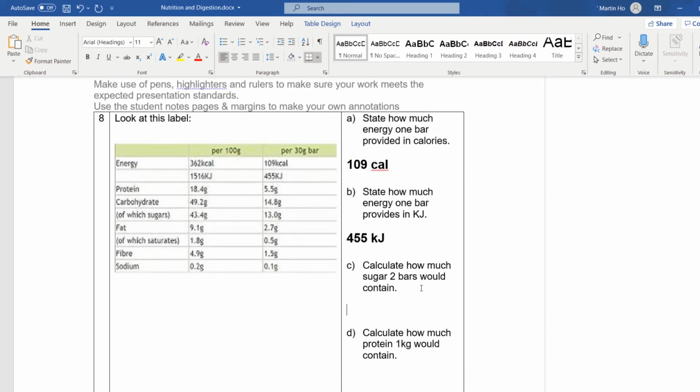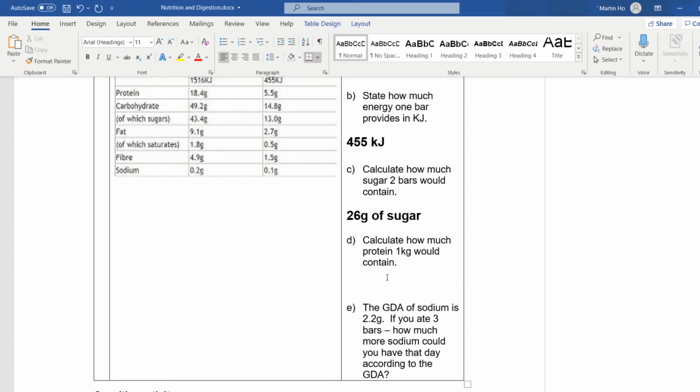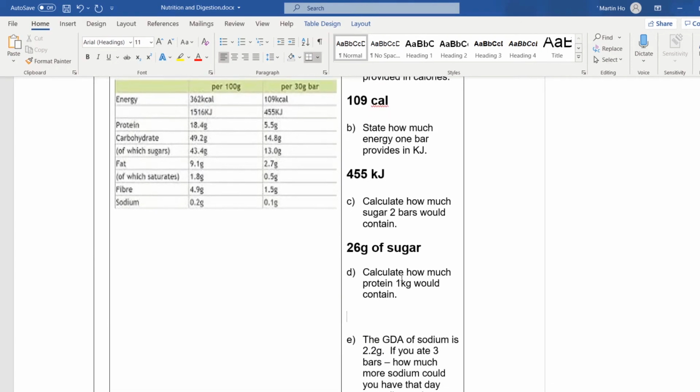C, calculate how much sugar 2 bars would contain. So in 1 bar, we would have roughly 13 grams of sugar. So in 2 bars, we just multiply this number by 2, we would have 26 grams of sugar. D, calculate how much protein 1 kilogram would contain.